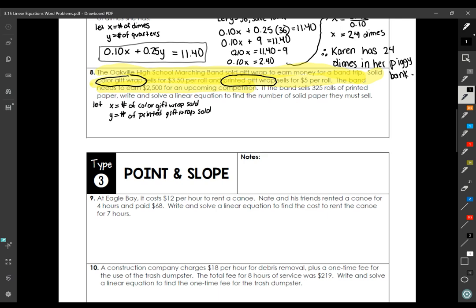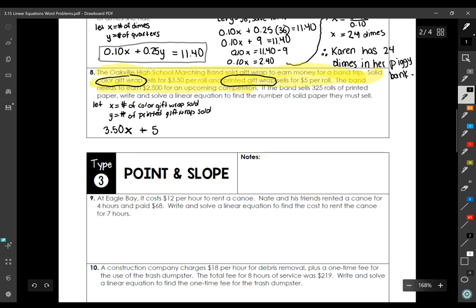Okay, so we know that solid gift wrap sells for $3.50. So $3.50 times the number of gift wraps I sell, so times x, and then the printed gift wrap sells for $5.